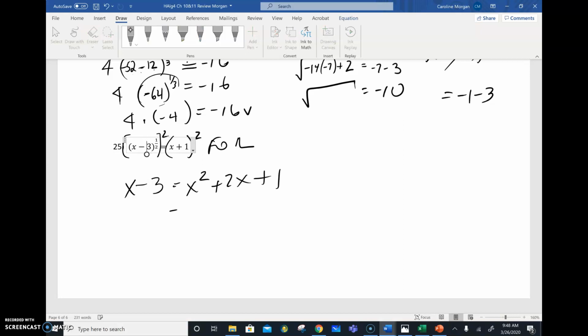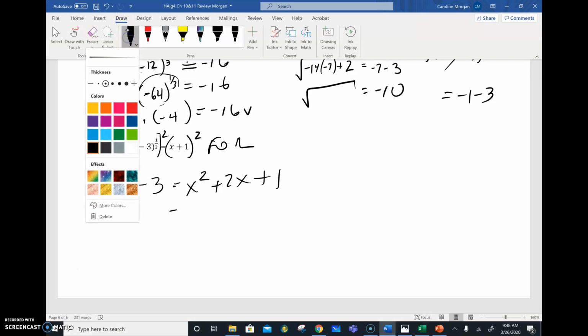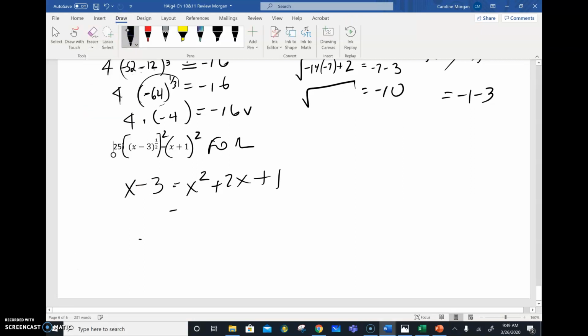So I'm going to get everything on one side, I want it to equal 0. x squared, I'm going to subtract x, add 3, plus 4. Oh, dang. I can't factor that. I would have to use the quadratic formula.